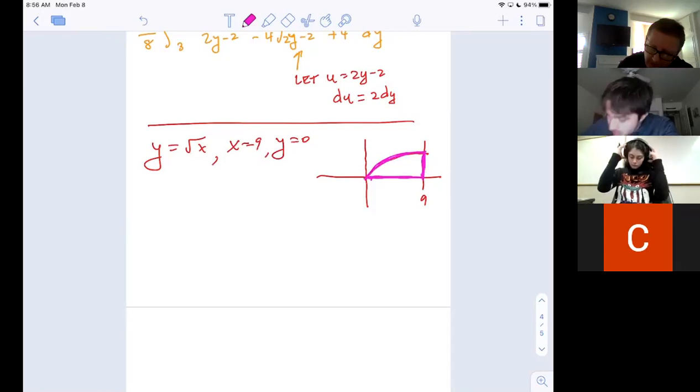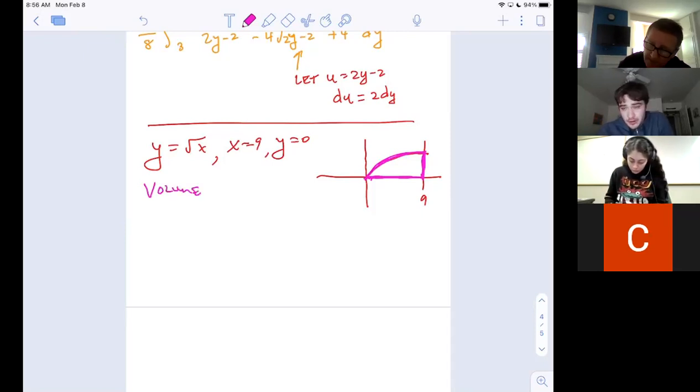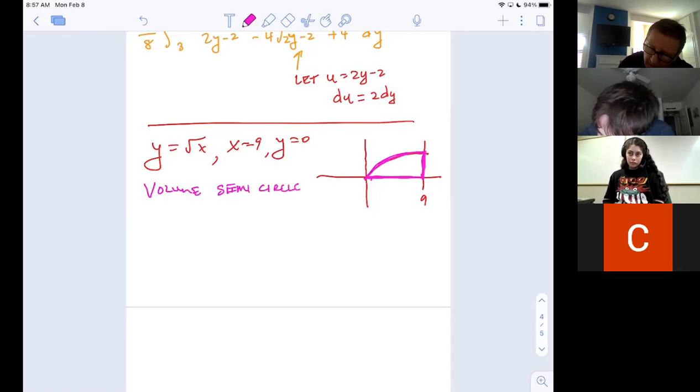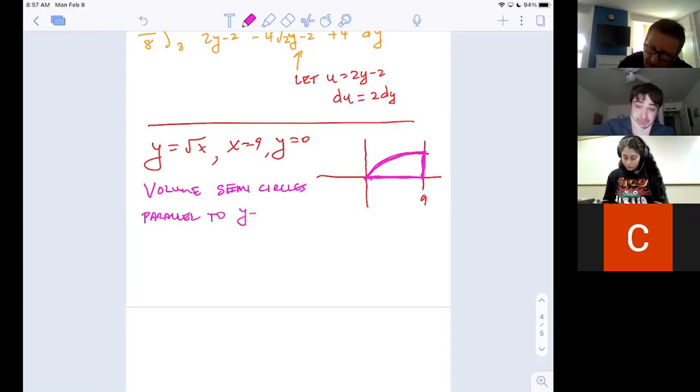But see if you can set up the integral for the volume of semicircles again, because that seems so hard. And let's make them parallel to the y-axis.